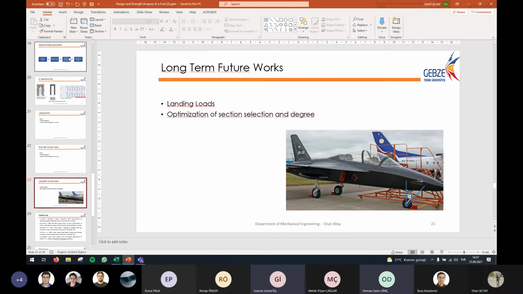I want to ask you just a question. Do your results depend on the tire pressure? No. My project is based on static cases and for some ground loads. So tire pressure is not considered.